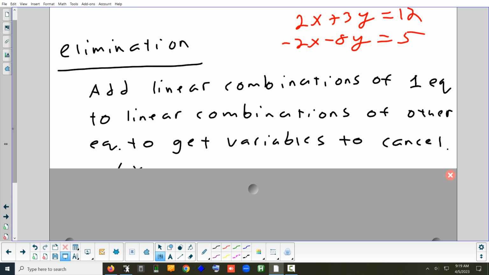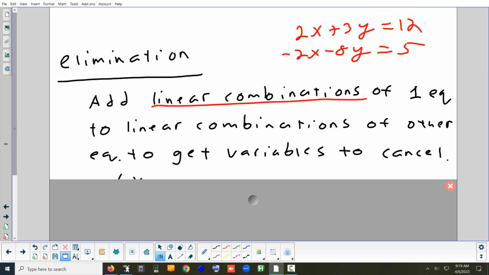So you're going to add one equation to another. And I put the word linear combination there because sometimes the variables don't cancel right away, and you need to multiply by something first. That's called a linear combination.